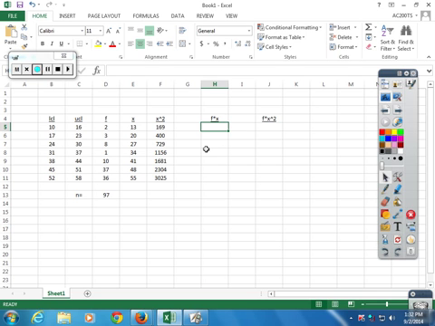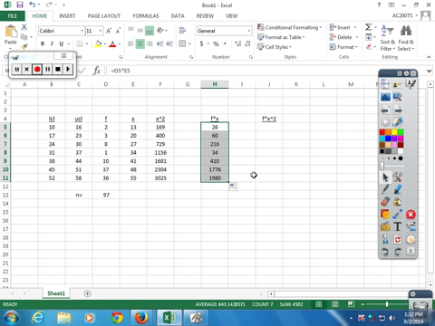So, F times X equals F times X, and enter, and we will copy that down.